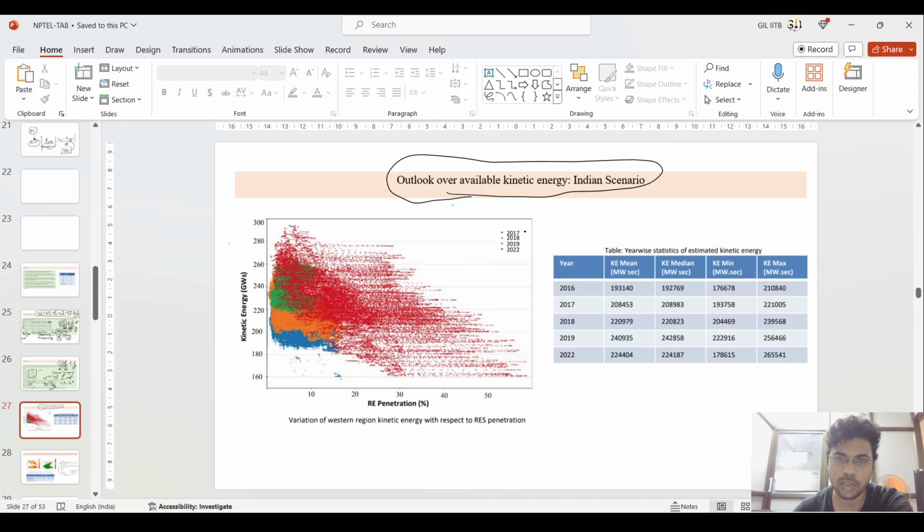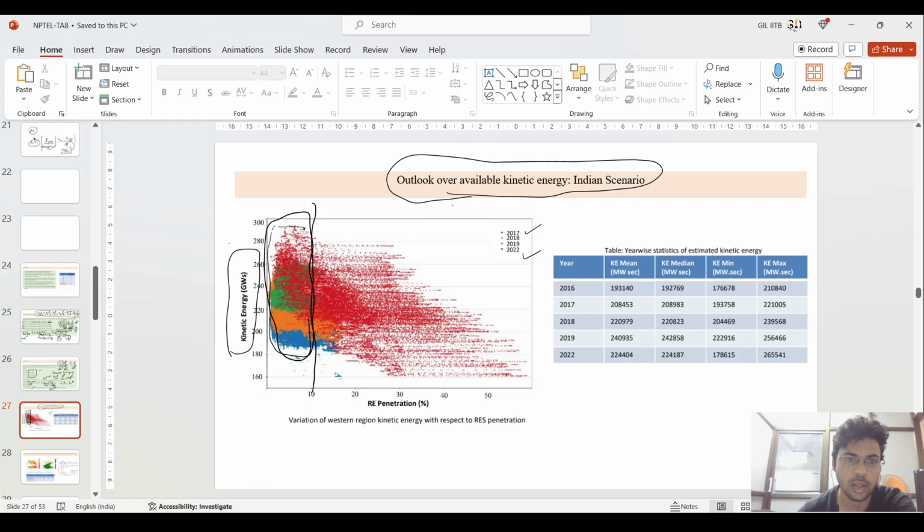Coming to the further slides, that is the available kinetic energy in the Indian scenario. If you see the year-wise distribution from 2017 to 2022, the kinetic energy available when the RE penetration was very minimal, if you see this line, the inertial support is very high.